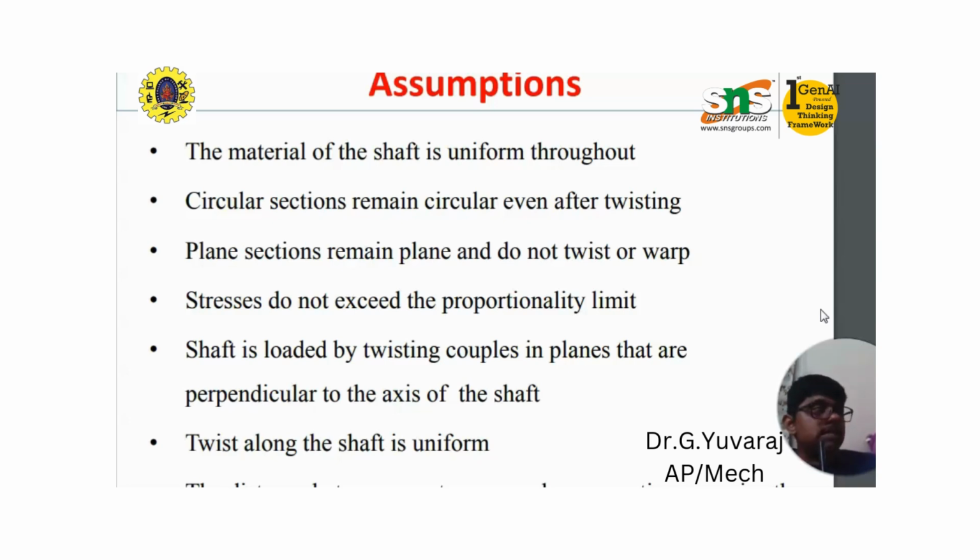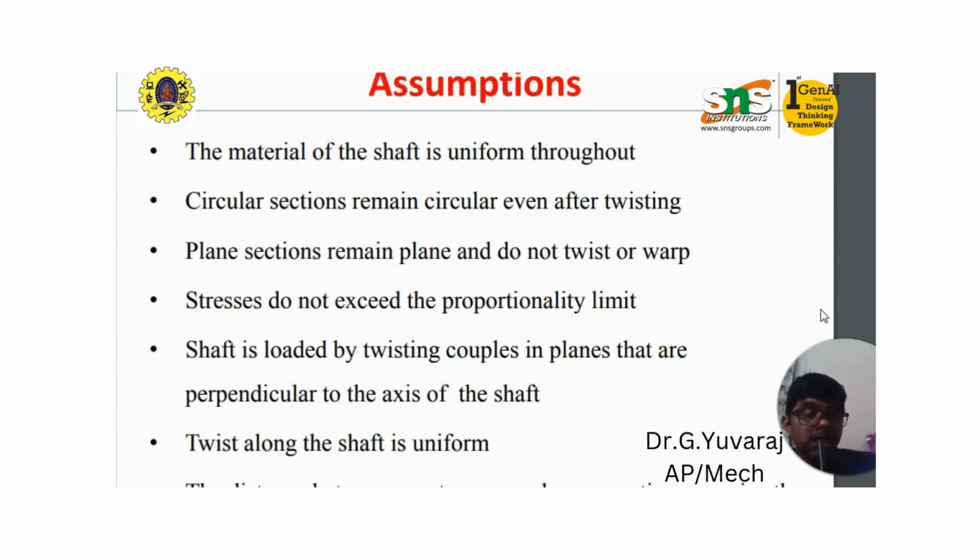The material is stressed up to the proportional limit, and the shaft is loaded by twisting couples in planes that are perpendicular to the axis of the shaft. That is very important. For example, if the shaft is loaded, the plane sections should remain plane and not twist or warp.